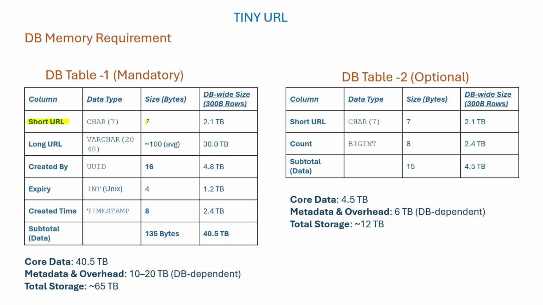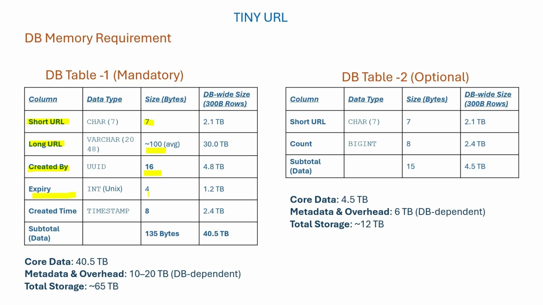Short URL would be of size 7 bytes per row, and we can take it as a character type. And the long URL would be a varchar, and let us assume it is 100 bytes on average per row. And created by, we can store as a UUID, which will be 16 bytes per row.